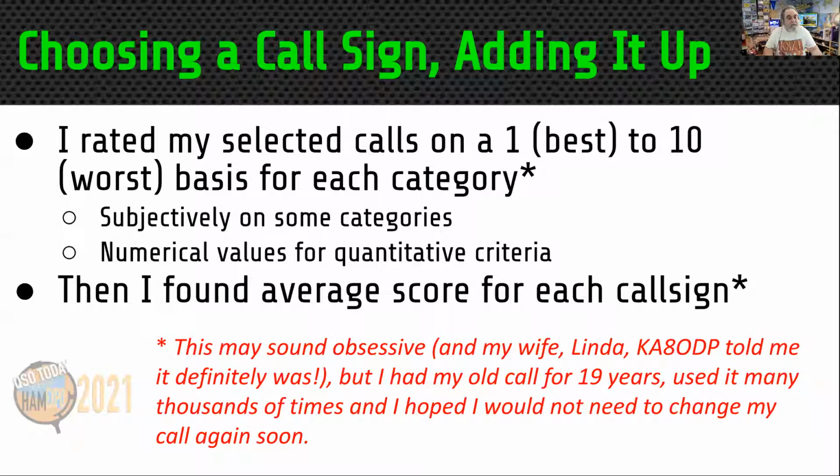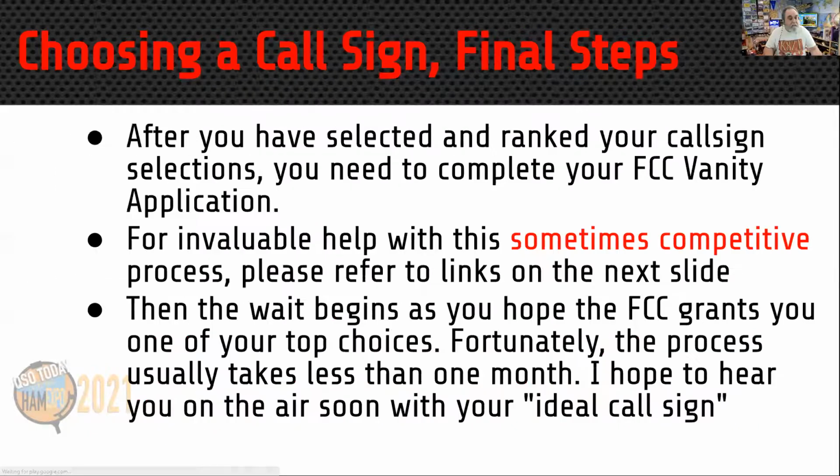Those can all be calculated and don't require a subjective idea. Then I found an average score for each of the call signs. This may sound obsessive, and my wife Linda, K8ZT, told me it definitely was. But I had my old call sign for 19 years, used it many thousands of times, and I hoped I would not need to change my call sign again. So I don't think it was very obsessive to think about it for a long time.